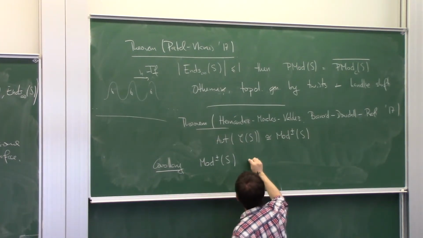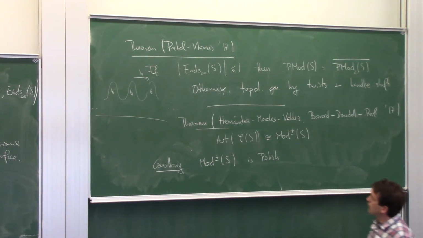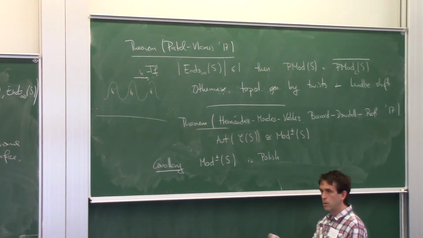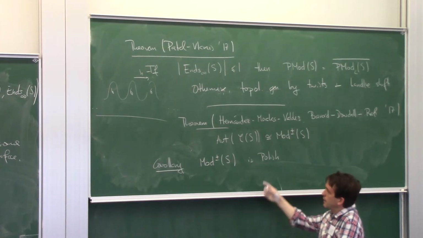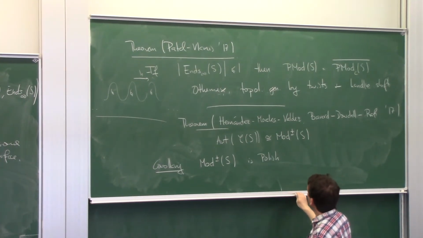Polish means separable and completely metrizable, so metrizable and then complete, and then it's a group, so the metric has to be invariant.